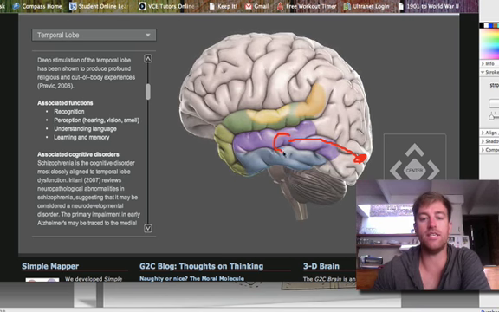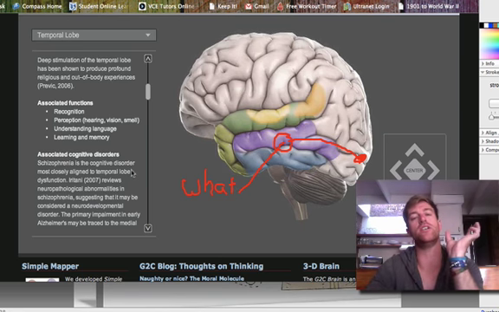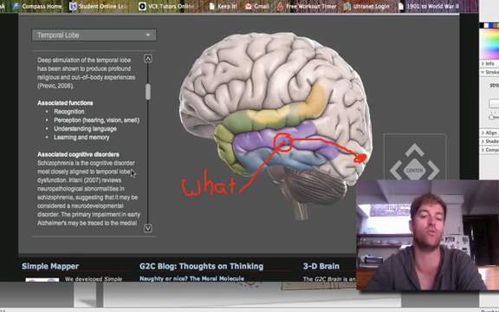Once it's in the temporal lobe, any visual information needs memory, of course, to figure it out, and that deals with the what. Because your brain in the temporal lobe is dealing with memory, but also strongly associated with the occipital lobe, when information comes in through your eyes, sometimes you need to know what it is. For that to happen, the information needs to go to the temporal lobe as well.